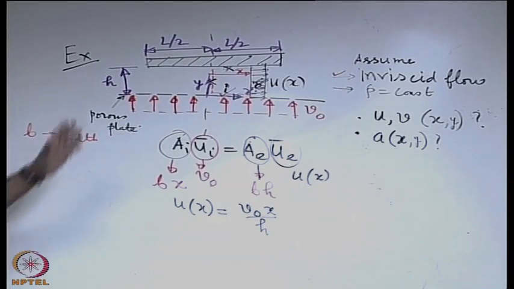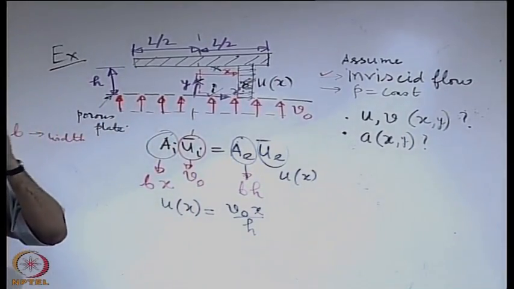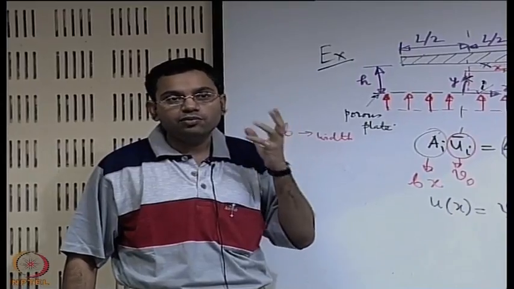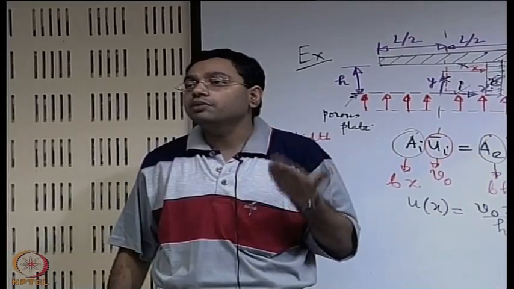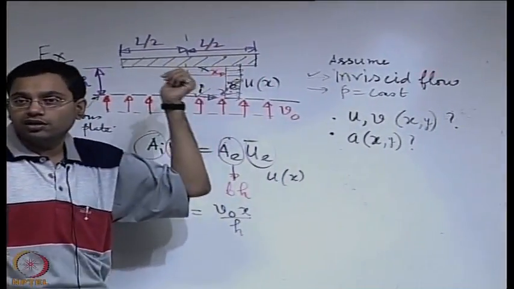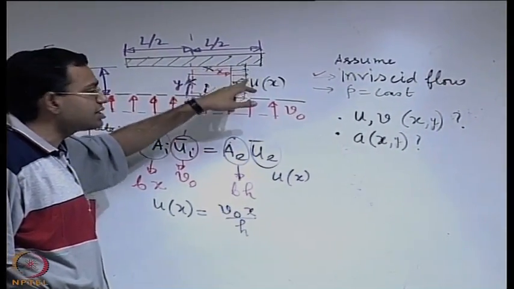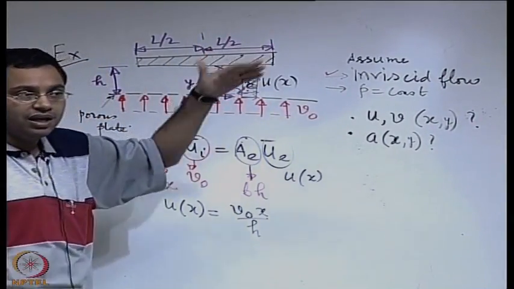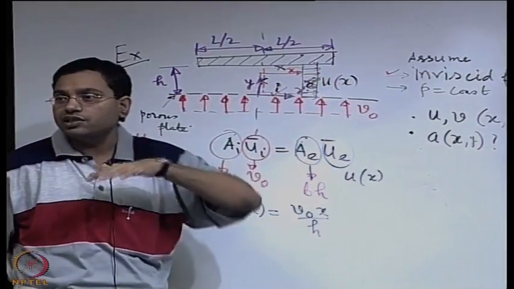Inviscid flow, how? See, always keep this qualitative concept in mind: what does viscosity do? It propagates the effect of a momentum disturbance. Here the momentum disturbance is imposed by the wall. If the fluid has a viscosity, that will be propagated from the wall to the inside, and it will try to slow down the fluid elements close to the wall, and as you go more and more away from the wall, the velocity will be more and more.